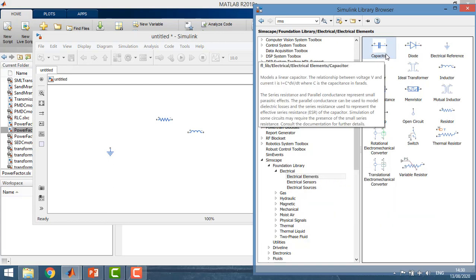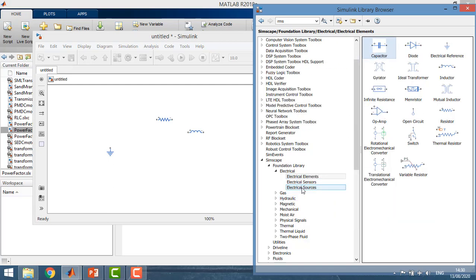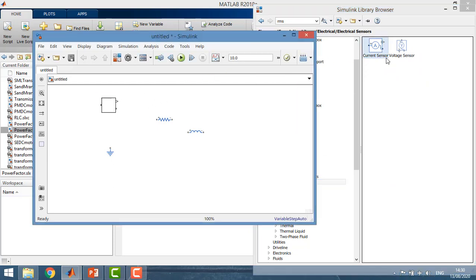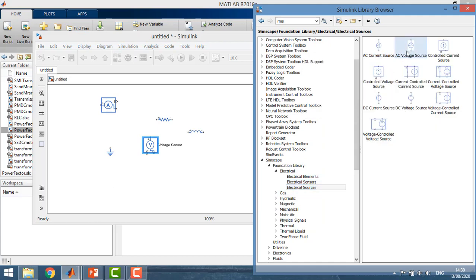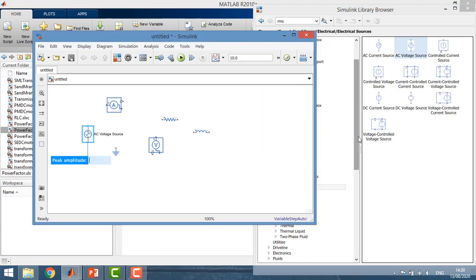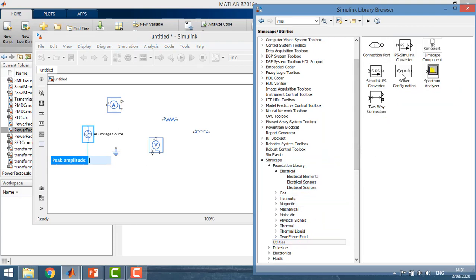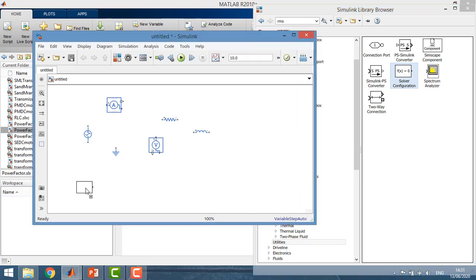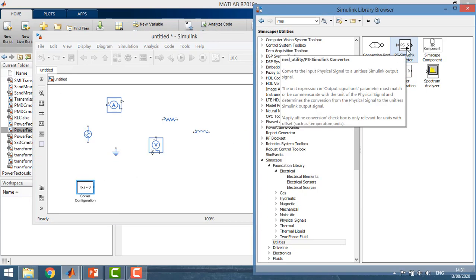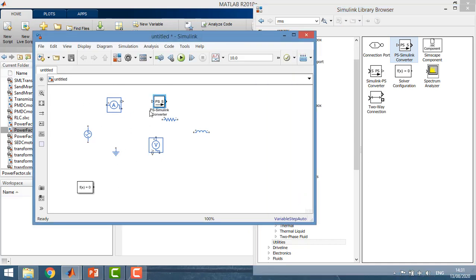Okay, so we'll bring the capacitor later. From utilities, we need a solver, and we need a converter to convert the signals to simple Simulink signals. Probably we need two, one for the voltage and the other for the current.